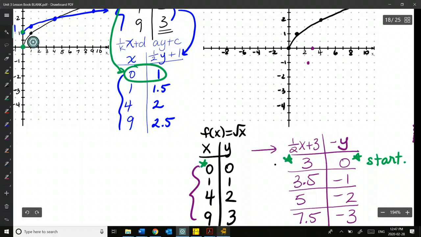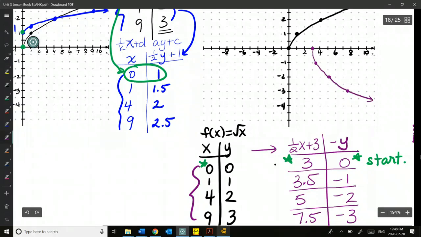Oh, I'm going the wrong way here. I graphed 2.5. Trying this really badly.